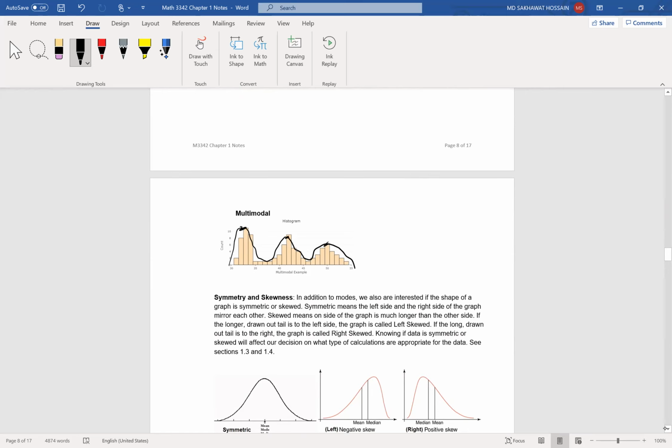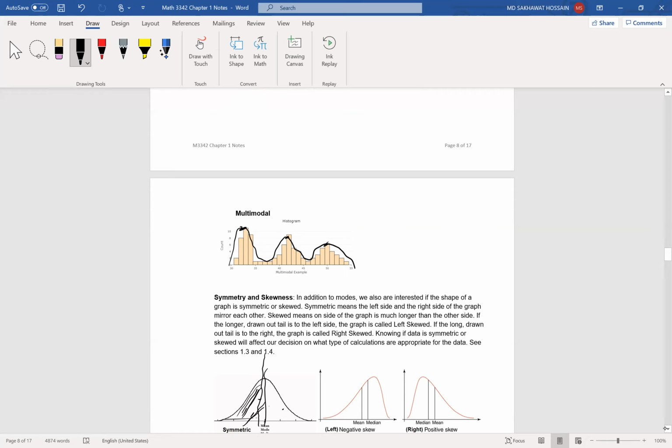Now, symmetry and skewness. If you look at the distribution of the data, in the first one, if you draw a vertical line at the middle, we can see that the left part of the graph is the mirror image of the right part.